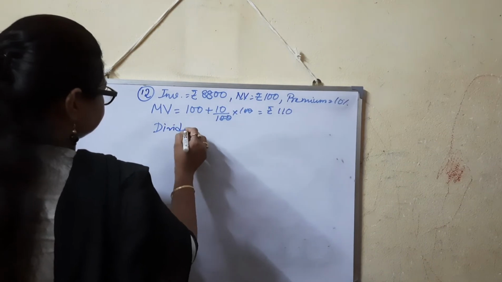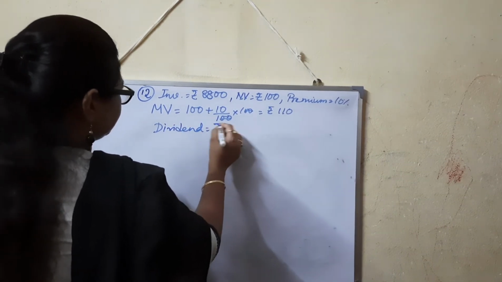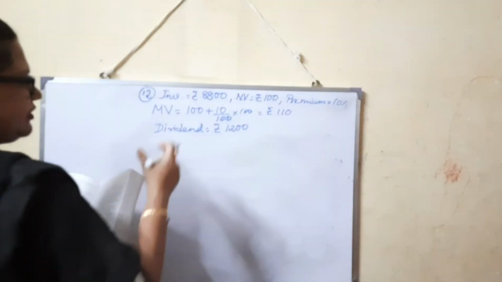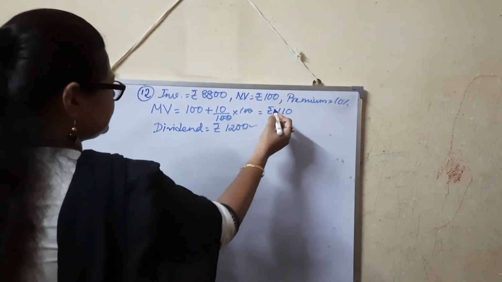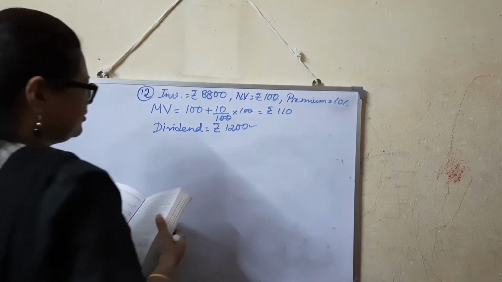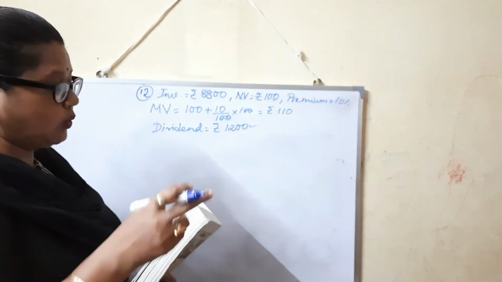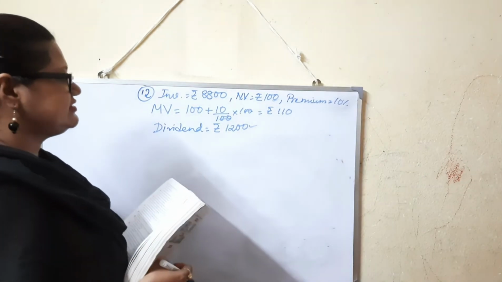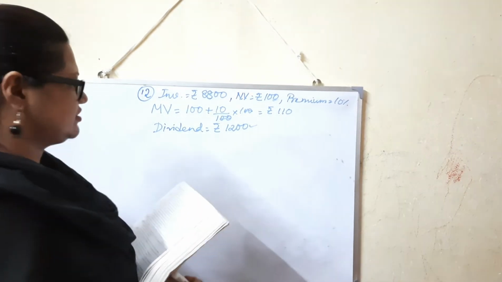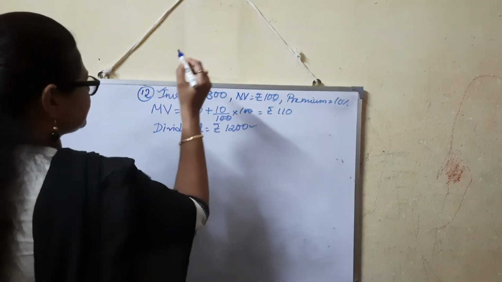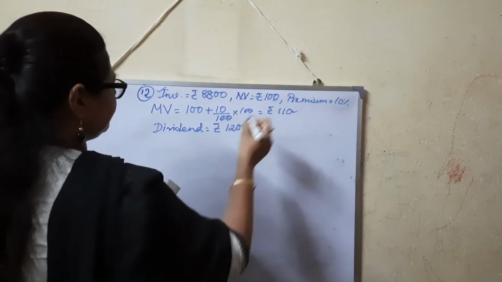Premium, and it earns 1200 at the end of the year as dividend, and dividend is rupees 1200. So this is given to you. So from this dividend and nominal value, can we find out the number of shares? No, we cannot. Why? Because dividend percentage is not given to us. So from where do we find out the number of shares? We find out the number of shares from investment and market value.